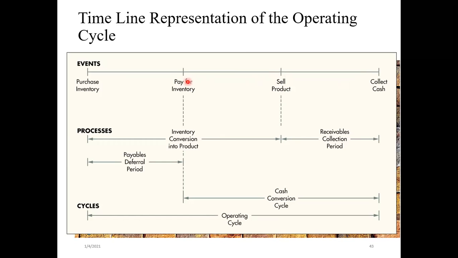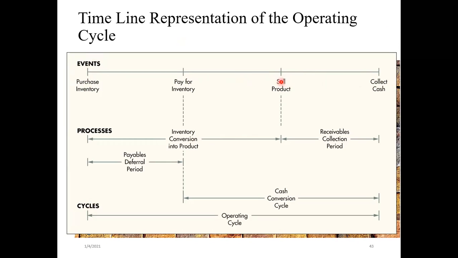Now, the operating cycle can be shortened. How can we shorten it? One cycle starts from the purchase of inventory until cash collection, right? When we collect cash immediately, then we can reduce this period.